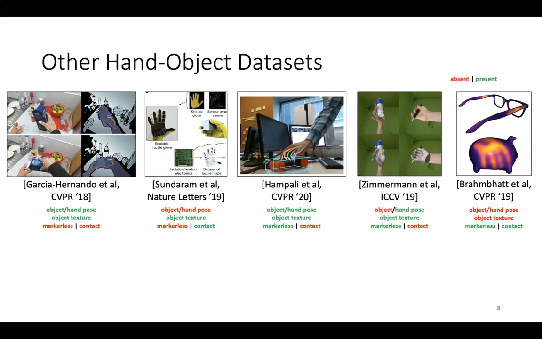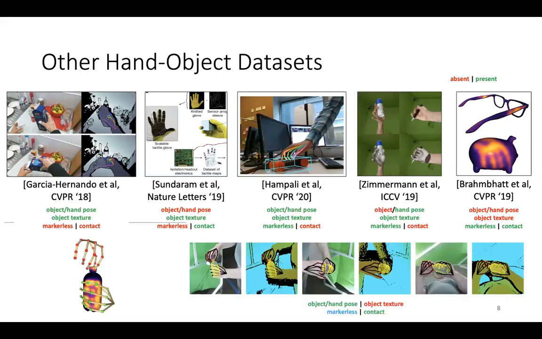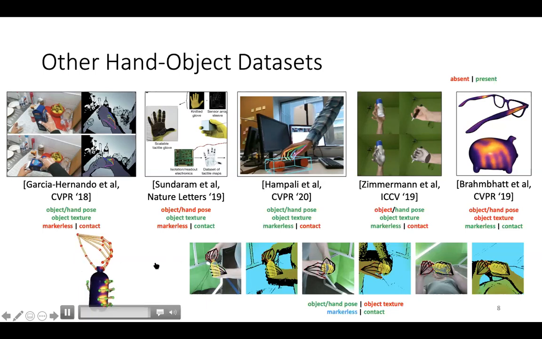In contrast to these datasets, the ContactPose dataset offers a unique combination of annotations: we have high resolution contact on the surface of the object, and we also have the hand pose and the various images. At the same time, we lack realistic object textures because we 3D print our objects, and I'll come to that later.